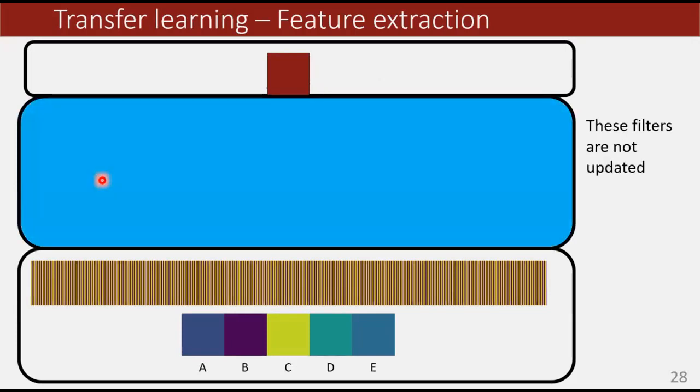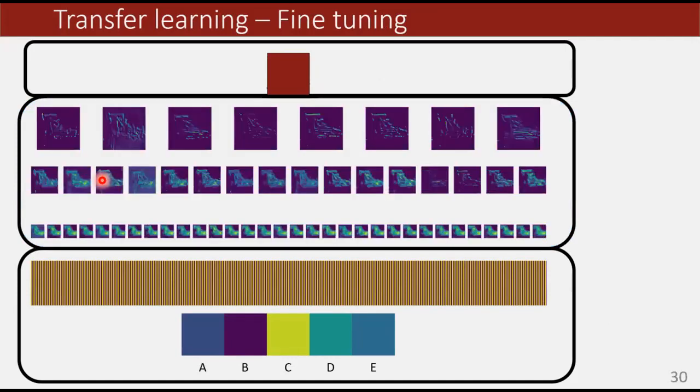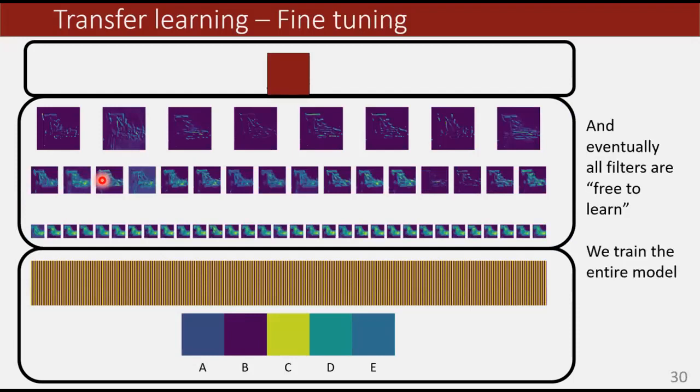So we're not going to update part of the model, and we only train the new part of the model. And the most used one is sometimes called fine tuning. To do that, most of the time we start updating the new part of the model, and eventually all the model is free to learn, and we train the entire model.